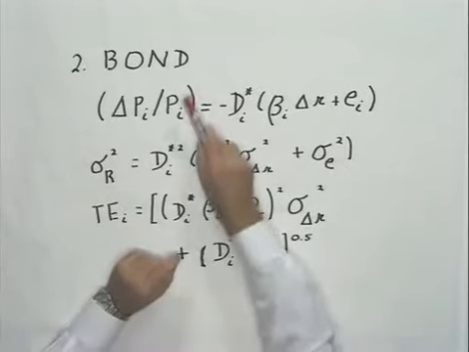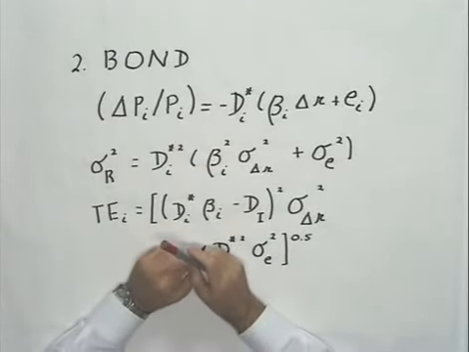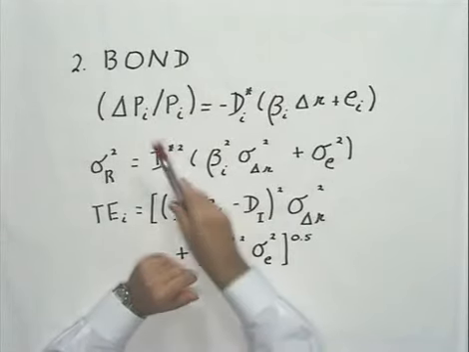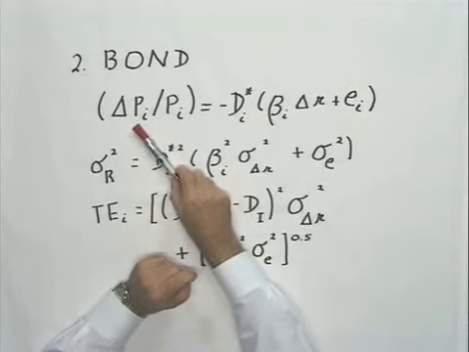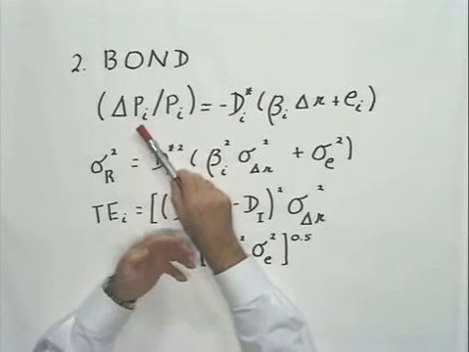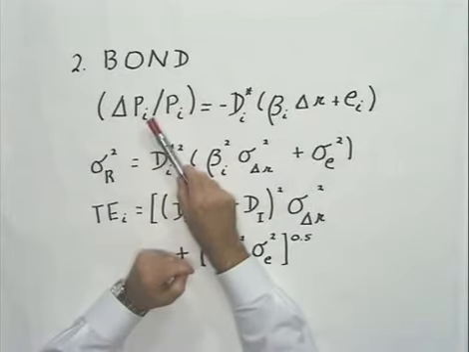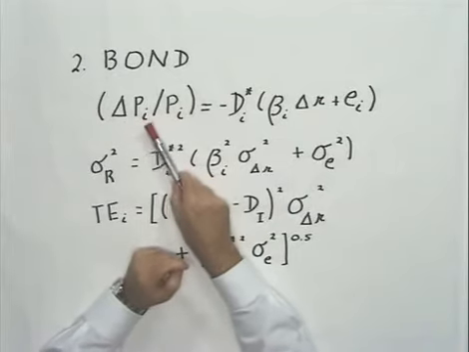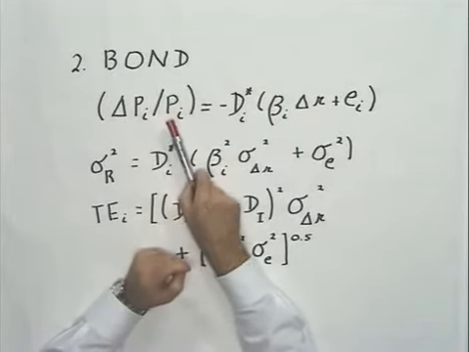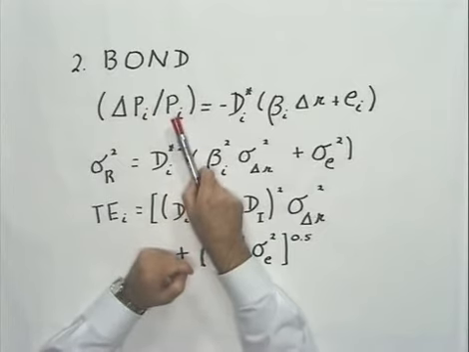We use a similar sort of procedure for bonds. Again, we assume bond returns, and what I've done here is looked at if you use a total return sort of index for bonds or bond portfolios. So it's going to be the change in price divided by the initial price, the change in value.